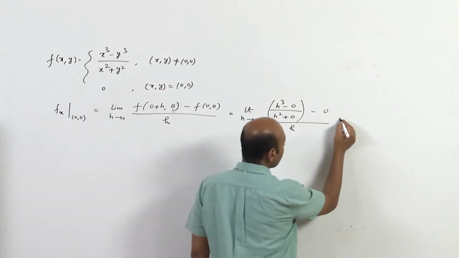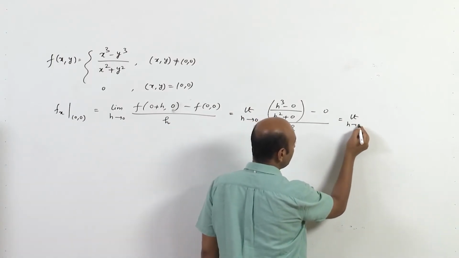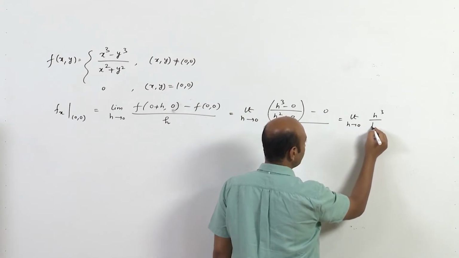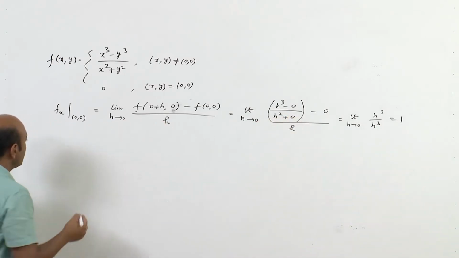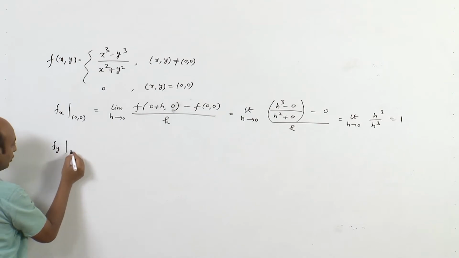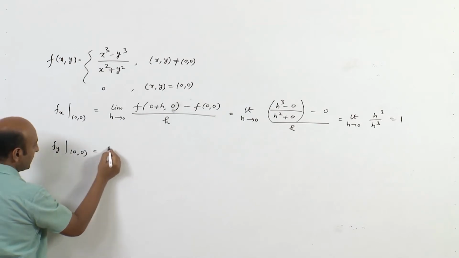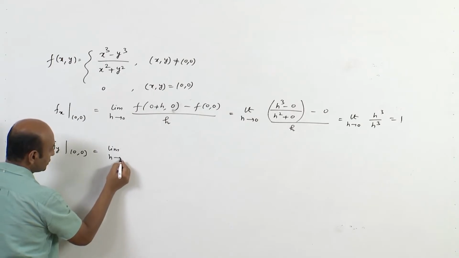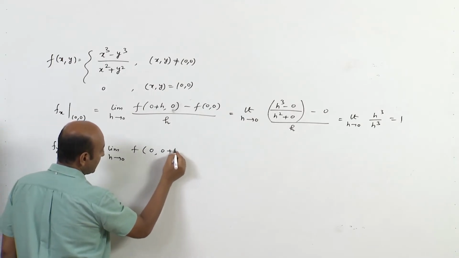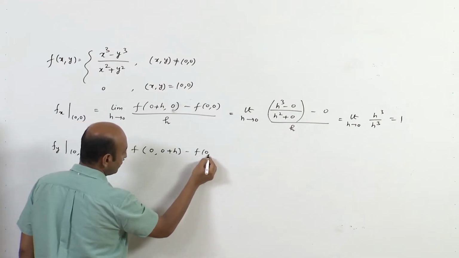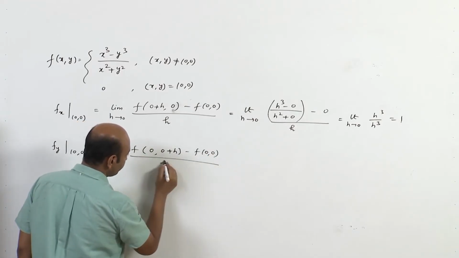So, this will be limit h tending to 0 of h cube upon h cube, and this is 1. Okay. Now, you compute fy at (0, 0). It is limit h tending to 0 of f(0, 0 plus h) minus f(0, 0) upon h.